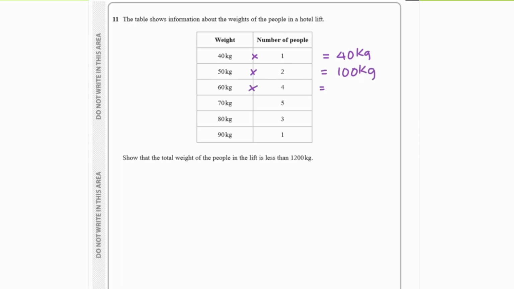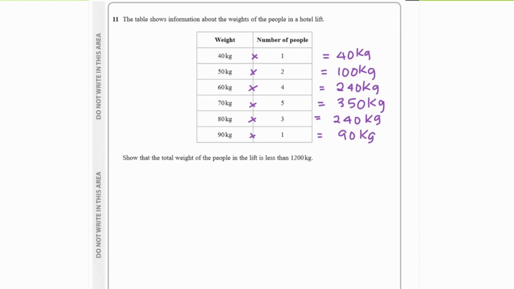If four people weighed 60, we can multiply 60 by 4, which gives us 240 kilograms. And in this way, we can multiply out the number of people by their weights. So we can do 70 times 5, which gives us 350 kilograms, 80 times 3, which gives us 240 kilograms, and 90 times 1 gives us 90 kilograms.